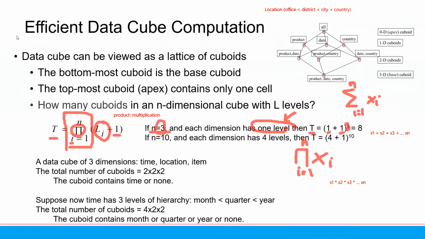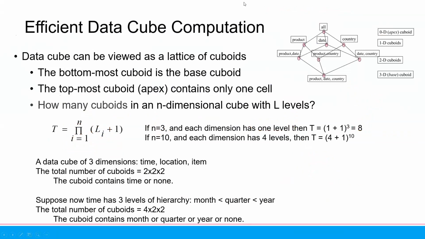So we will multiply 2 times 2 times 2. Then the result will be 8. What is this 8? You can have like 1, 2, 3, 4, 5, 6, 7, 8. Okay. We have 8 cuboids when the n is equal to 3, and for each dimension we have one level.